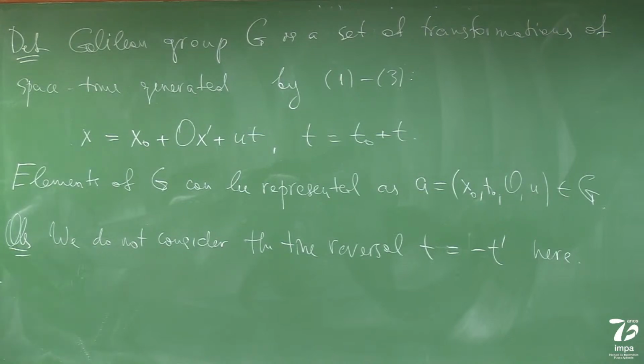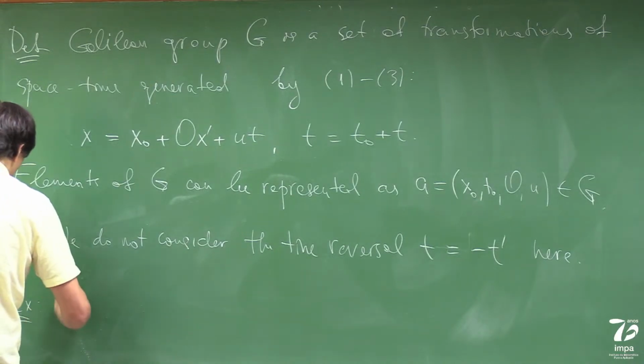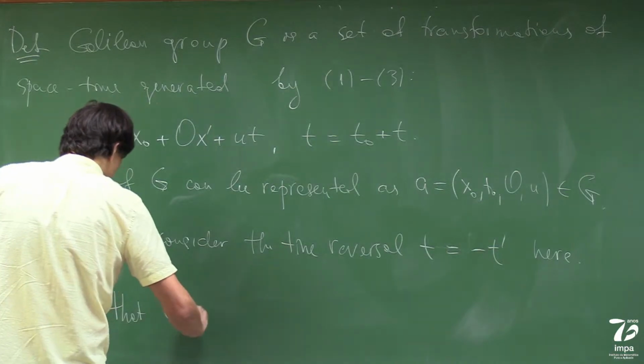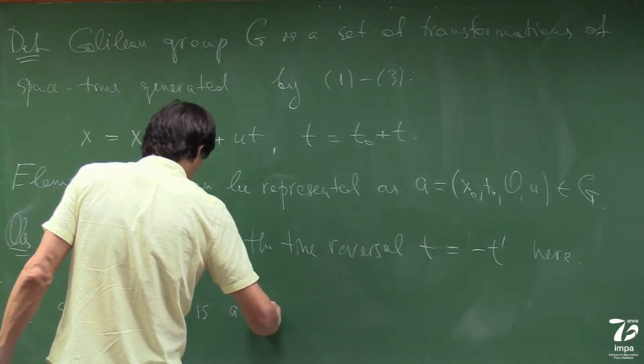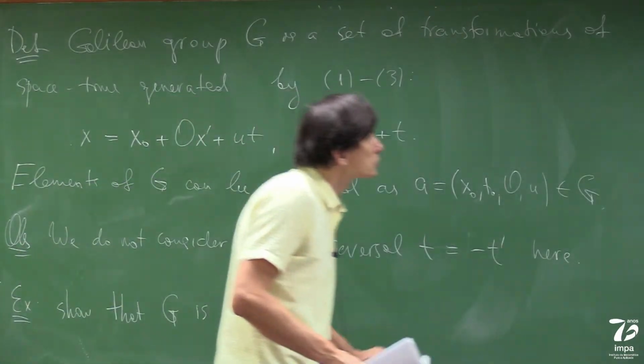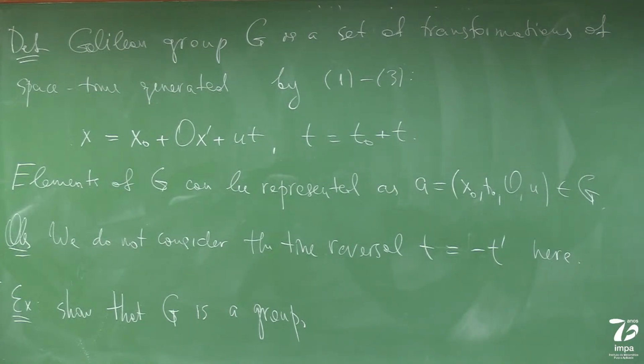So the first thing, which can be an exercise for you, is to show that G is a group with respect to composition. And here I will just recall what a group means. This is a concept from algebra, and it means that the set has a nice structure.